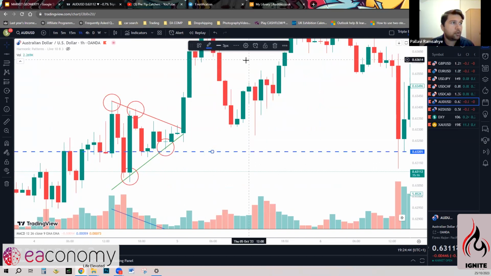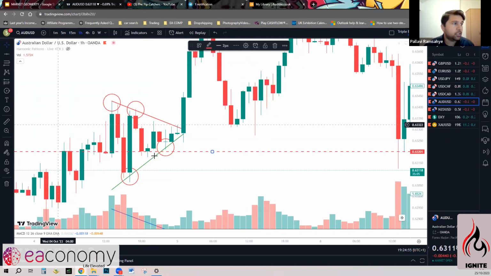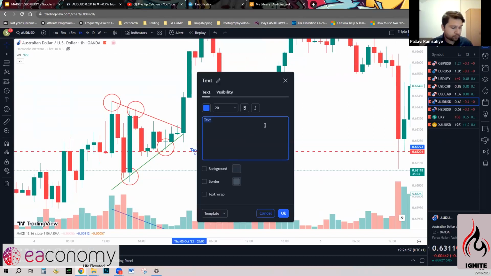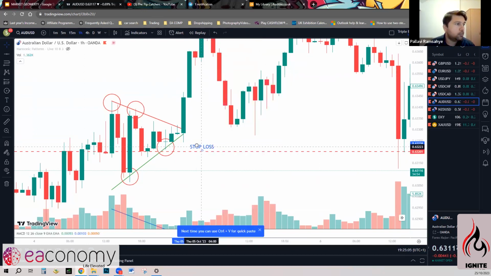Ideally, what I usually do is I would pop it under the previous touch point. Let's drop that down. And this will be the stop loss right here. So that's your stop loss.